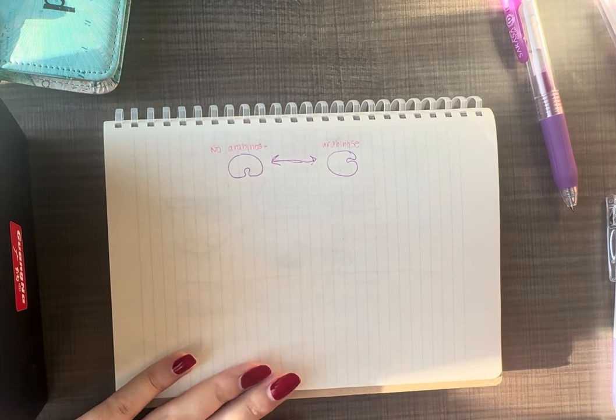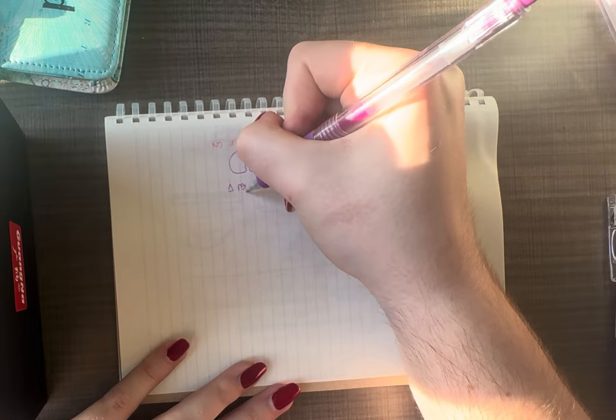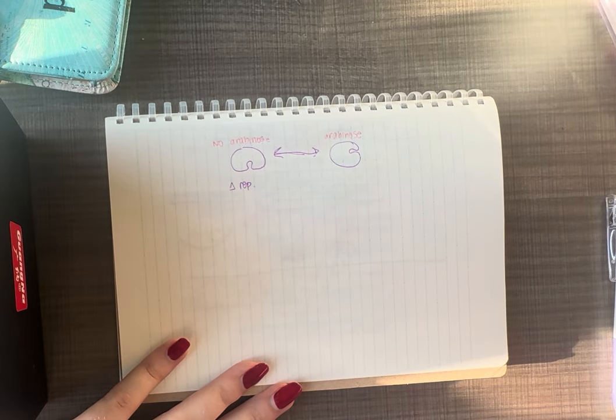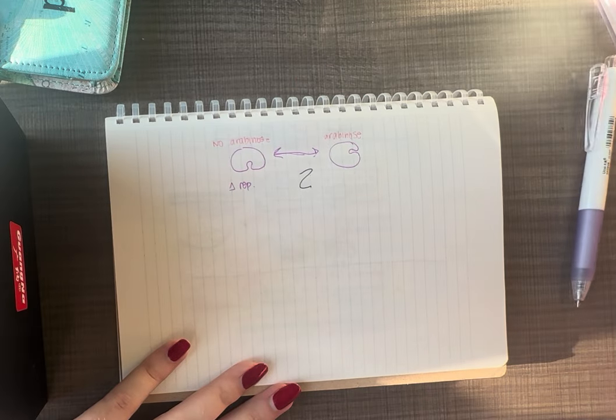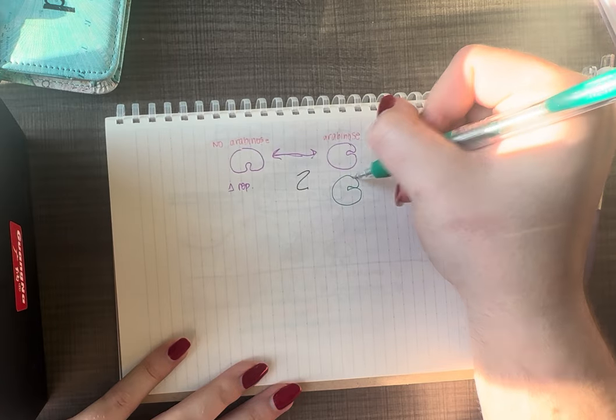So you have one repressor for the arabinose operon, but you have two activators because of the fact that you also have CAP.